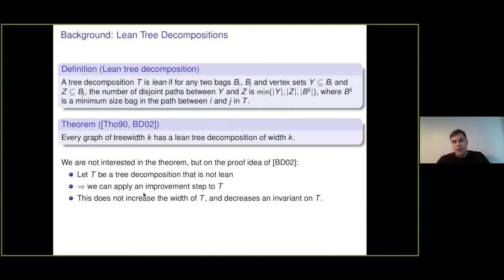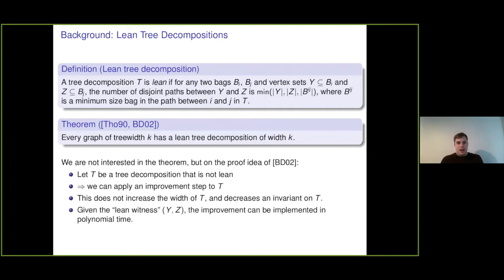They show that this improvement step doesn't increase the width of the tree decomposition, and it decreases some invariant on the tree decomposition. Crucially for us, they do not care about algorithms, but if you read the proof, you can see that given this kind of lean witness YZ pair, which doesn't satisfy this, we can actually implement this improvement in polynomial time.